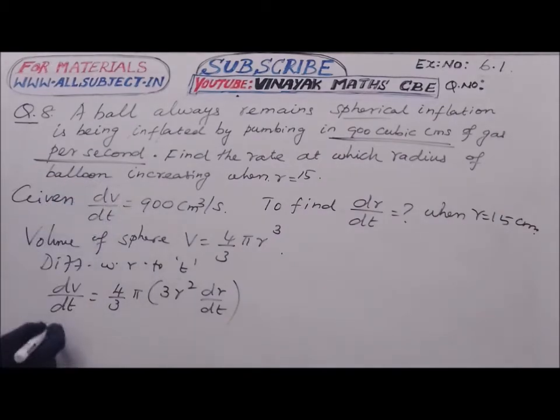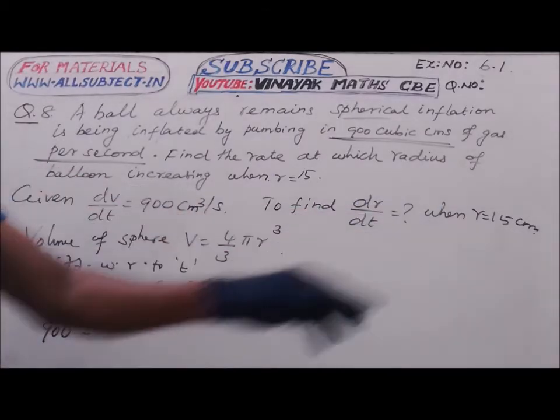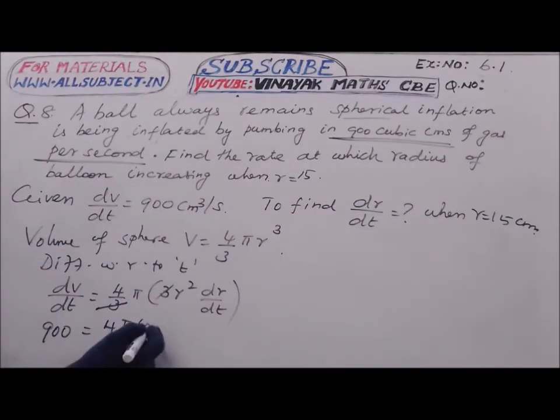So dV by dt is given as 900 cubic centimeter per second, which is equal to 4 pi by 3 into 3r square dr by dt. We can cancel the 3 and 3, so 4 pi into r square. R is 15, so 15 square, 15 into 15, is 225, into dr by dt.